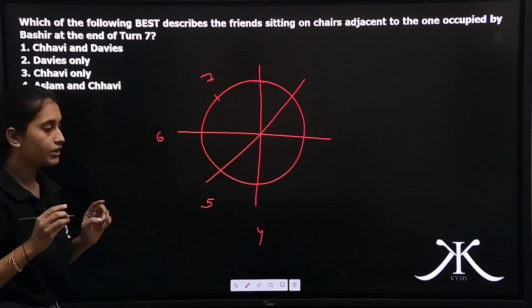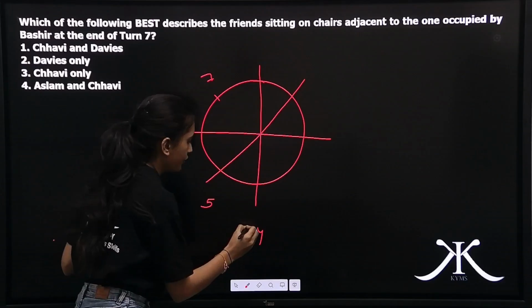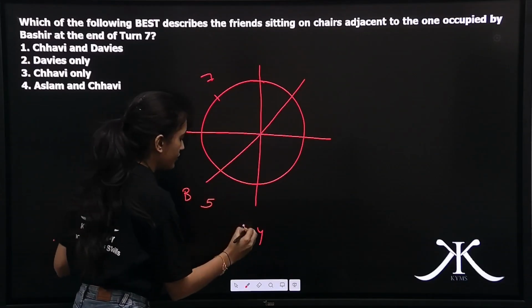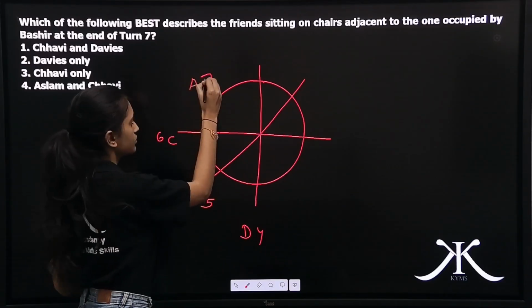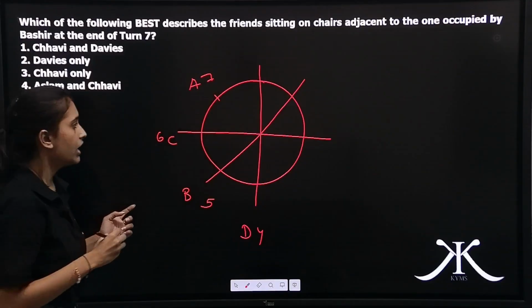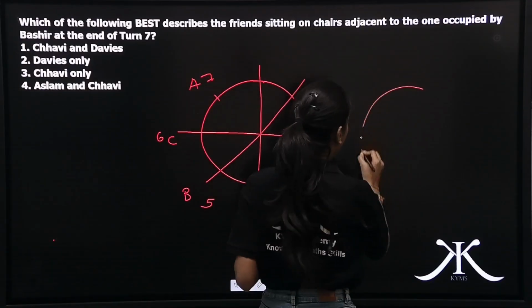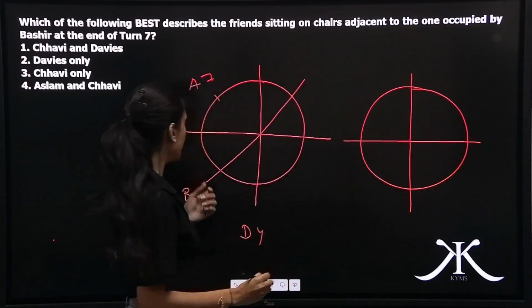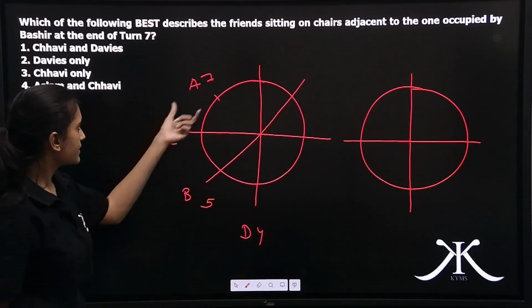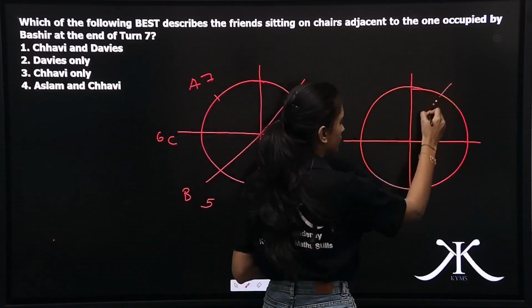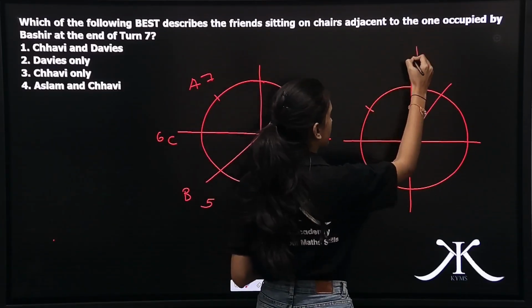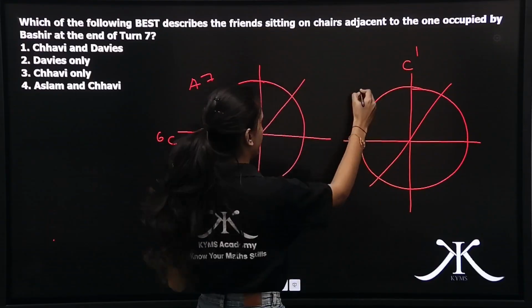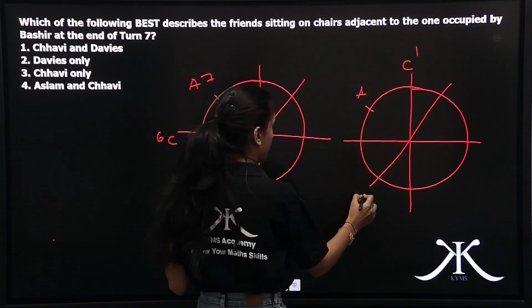At the end of turn 6, everybody came adjacent to each other, and this was the position. Now, if I draw for turn 7, C will move. Let's say C moved here to the first position.